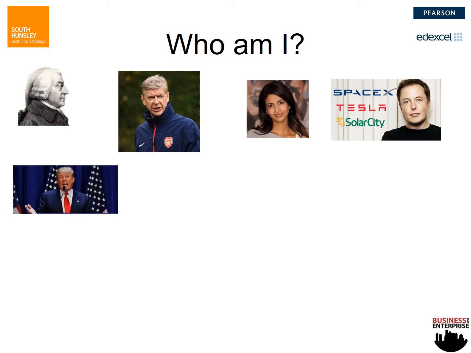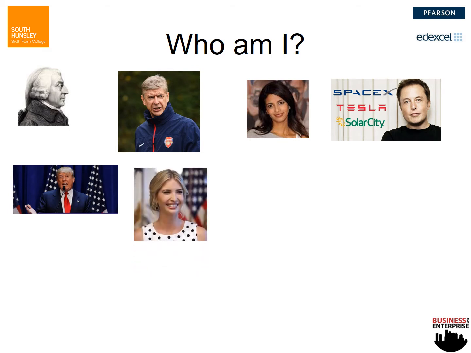I told you would get that one. Still clinging on to power at the moment. We'll see what happens over the next couple of months as we're expecting a new president to be sworn in in January. Here comes the next one. Little bit of a clue here. If you got the last one, well, this person is related to that person. So, if you think you know who that is, write her name down now.